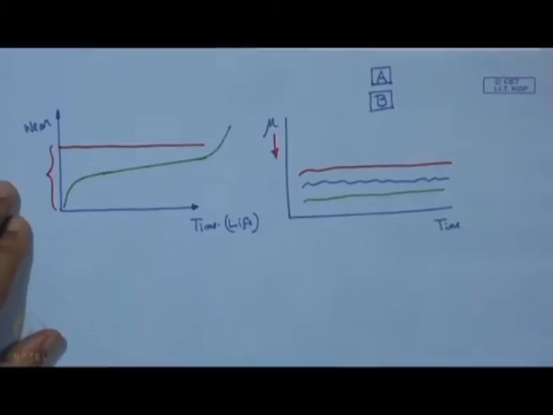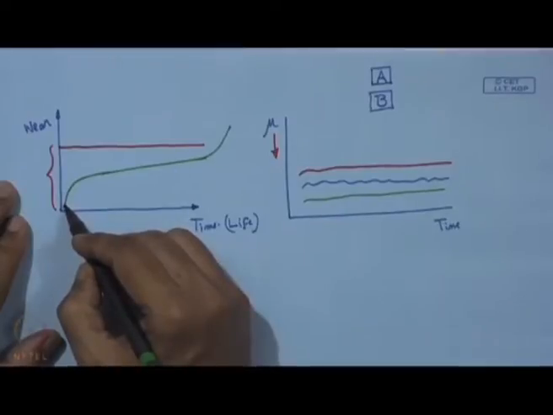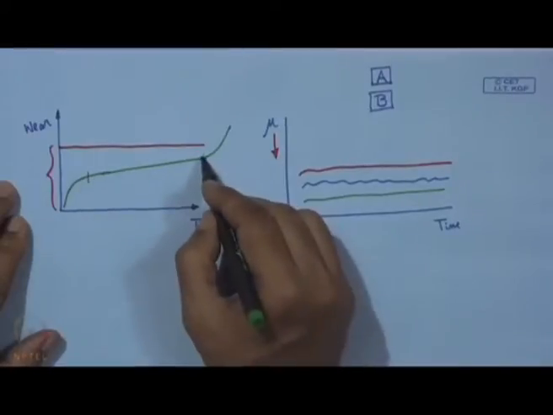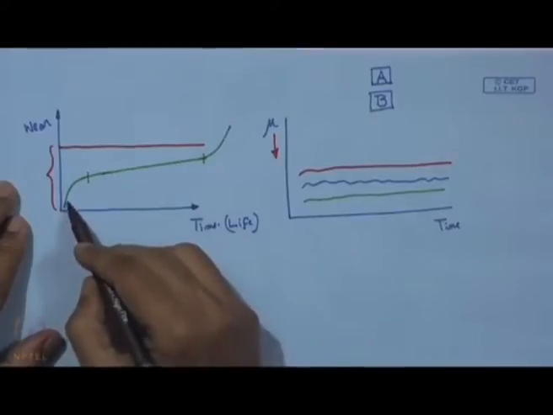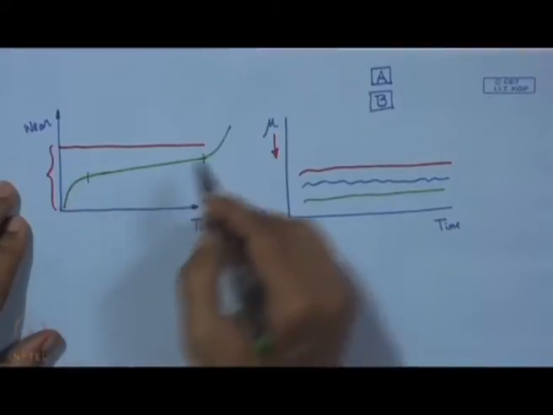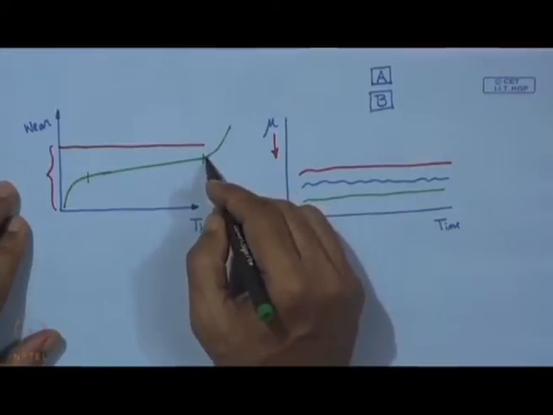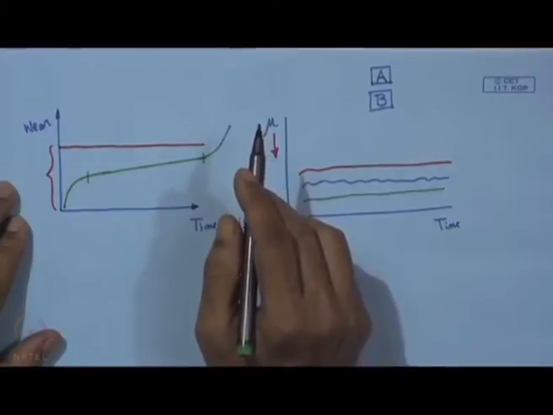That means, at the very beginning it starts with a high rate and then the rate slows down, and this portion which is more or less straight is actually the mechanical wear zone. This is the initial break-in zone, and here wear occurs at a very fast rate.